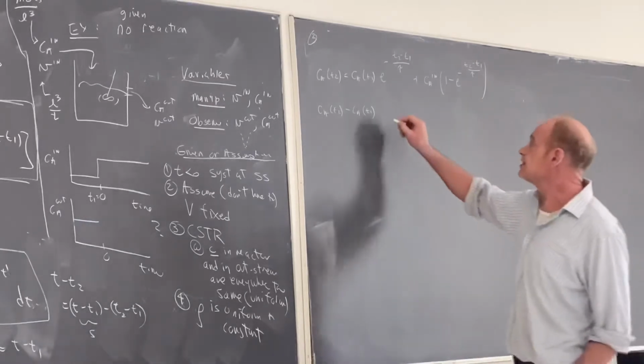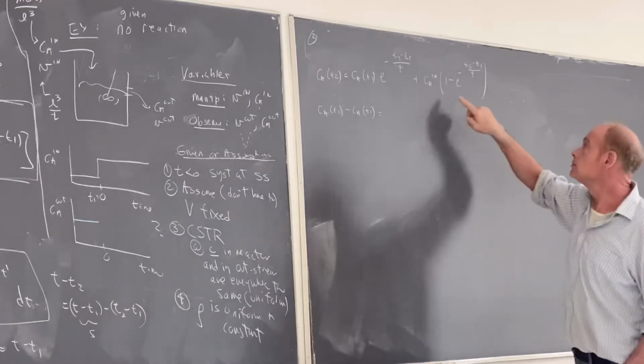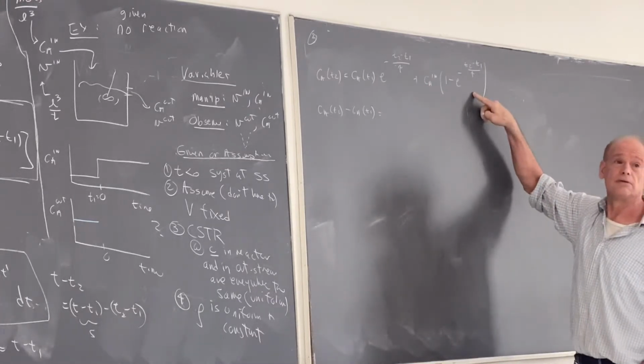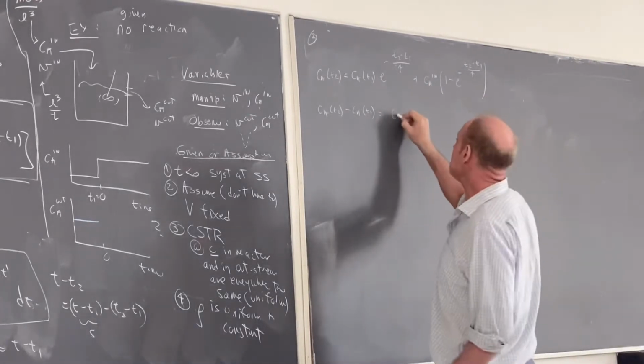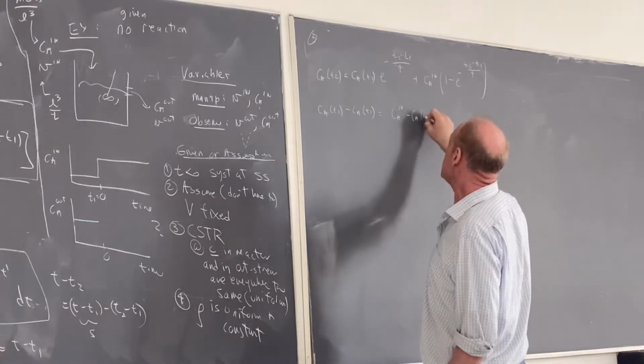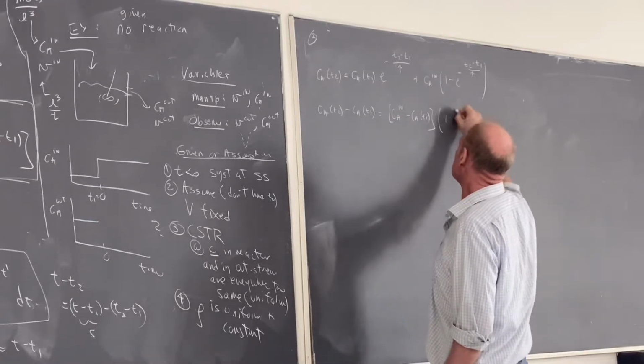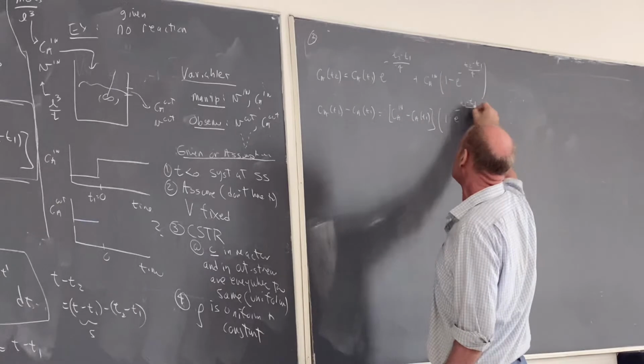If I subtract off CA of t1, then I'm going to get the exponential minus 1 on one side, and here I have 1 minus the exponential. So this will just give me CA in minus CA of t1, times 1 minus e to the minus t2 minus t1 over tau.